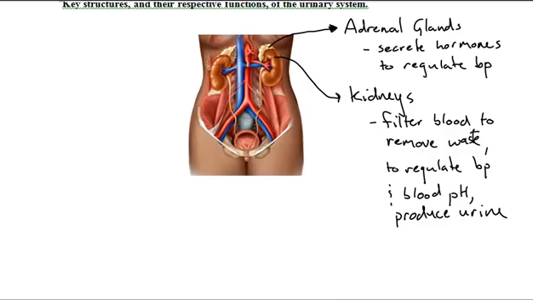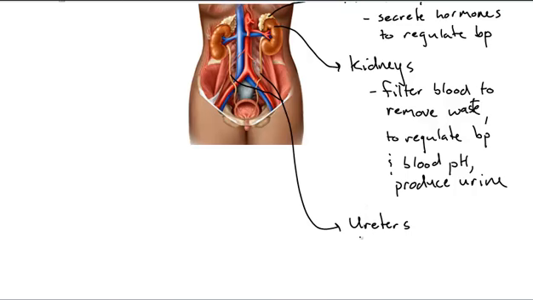Then down here are little tubes, and there's two of them, one from each kidney, called the ureters, and they carry urine to the bladder via peristalsis.